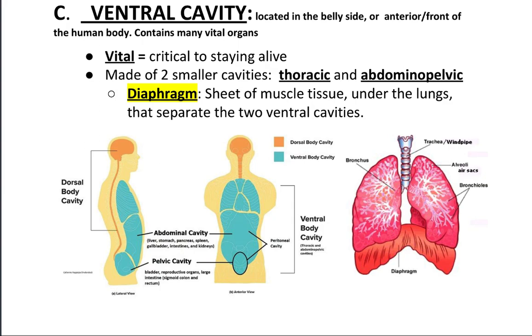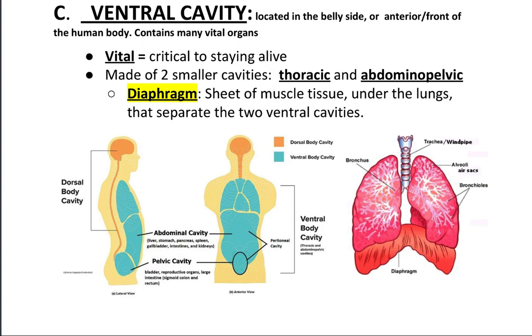All right, so the ventral cavity is actually broken up into two specific areas called the thoracic and abdominopelvic cavities. So within this cavity, there are two smaller cavities that are divided by what's called a diaphragm. A diaphragm is different than those really soft, thin membranes we talked about. A diaphragm is a sheet of muscle found right underneath the lungs.